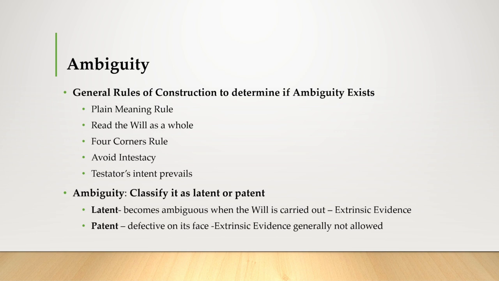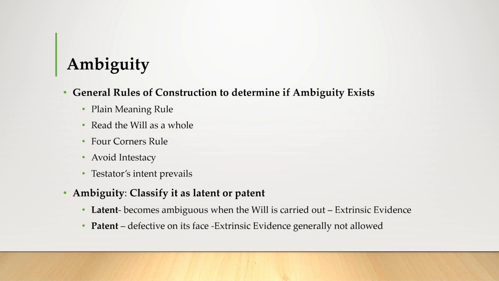Right, so what is an ambiguity? First and foremost, think about the fact that we have general rules of construction in wills, just like we have in contracts and many other areas of law. One that might be unique to you is the fact that to the extent someone put together a will, there is a presumption that that will is designed to avoid having property pass by intestate succession.